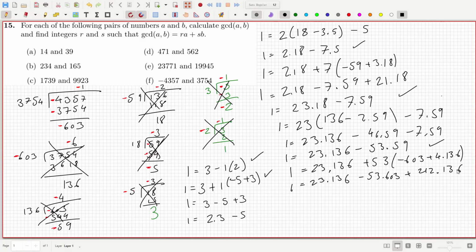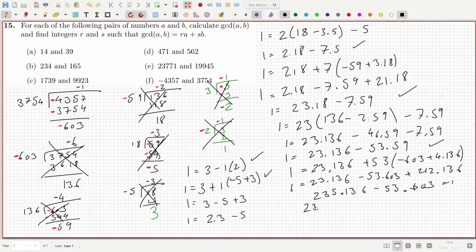So 212 plus 23. So that's 235 times 136 minus 53 times 603. That should equal 1. Let me check that. Yeah, that's right.